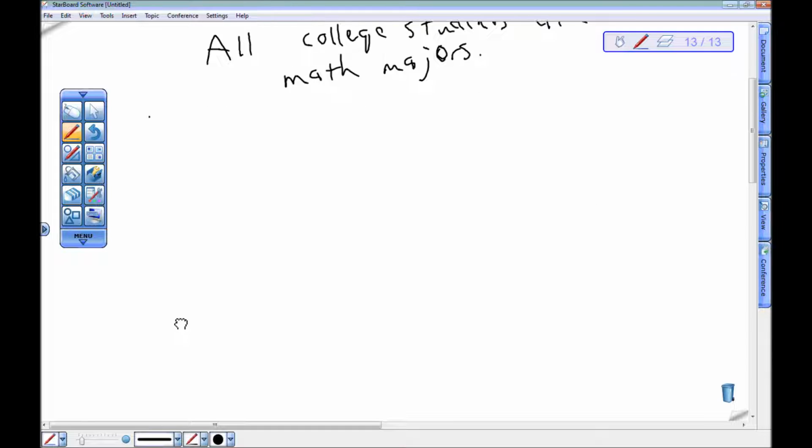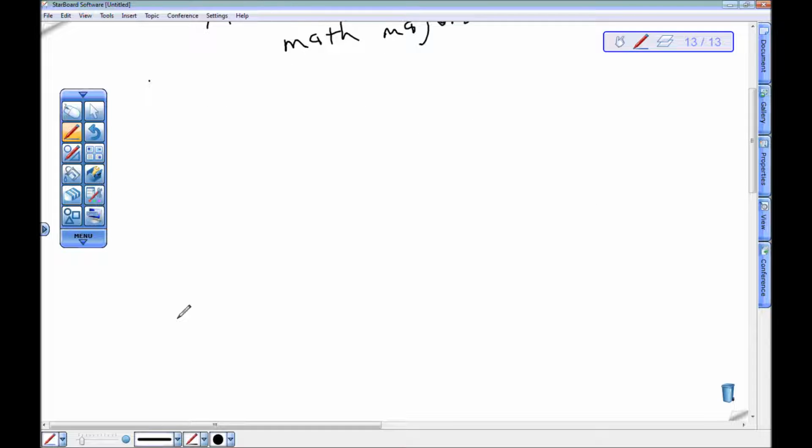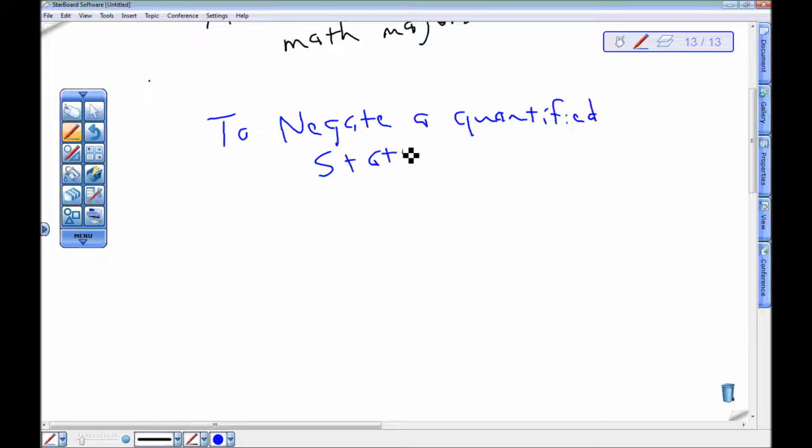What I want to do is learn how to negate these. So first I'm going to draw a little table, then we're going to look at some statements and try to negate them. So here I go. To negate a quantified statement, first I'm going to draw a little table.